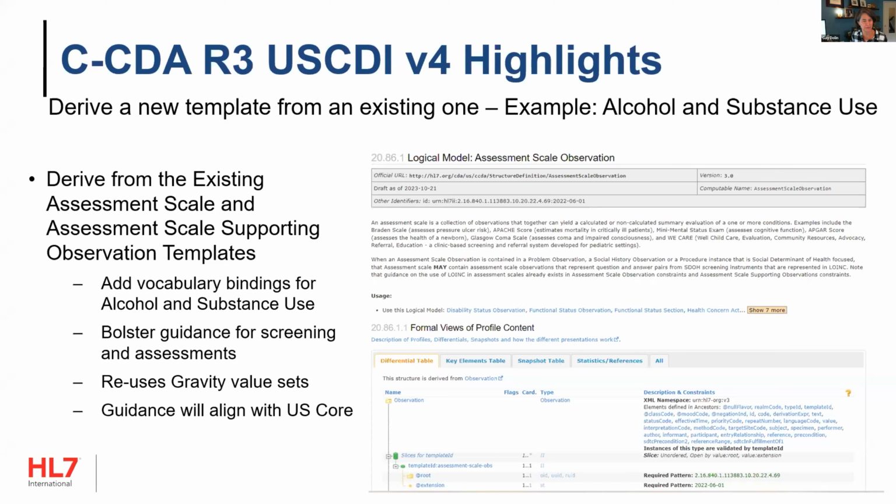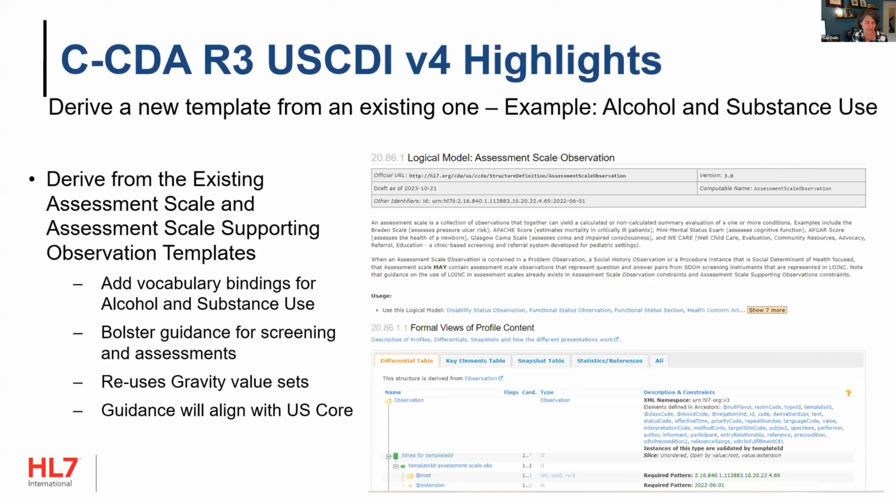In some cases, we will not necessarily do a direct binding, but we might display or have a page of value sets available for use for the specific use cases, alcohol and substance use. And these value sets, by the way, were developed from the Gravity project.